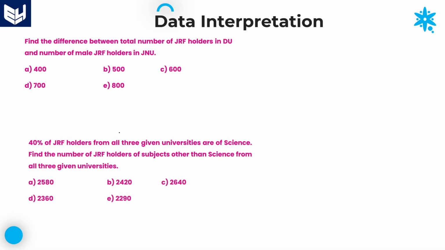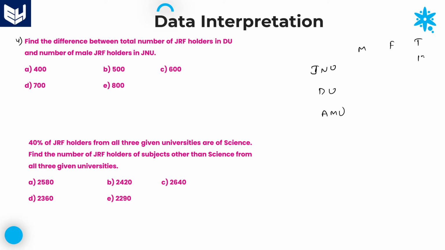Now, let us look at the fourth question. Before going for the fourth question, I'm just noting down all the values of male, female, and total for each and every university. First one is JNU, second one is DU, third one is AMU, and next male, female, total.